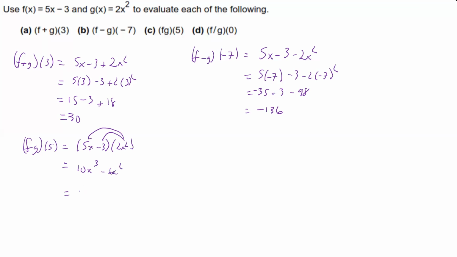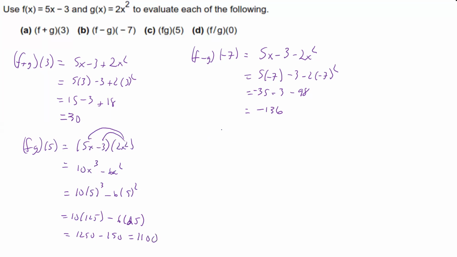Now I plug in a 5, so 10 times 5 cubed minus 6 times 5 squared. That's going to be 10 times 125 minus 6 times 25. So that's going to be 1250 minus, and 6 of those is going to be 150. And so that's going to be 1100.